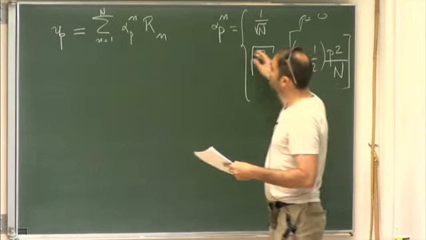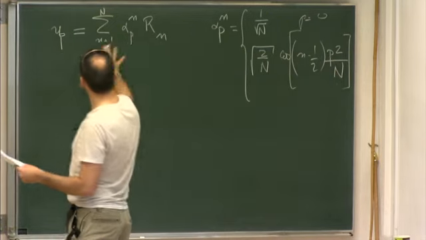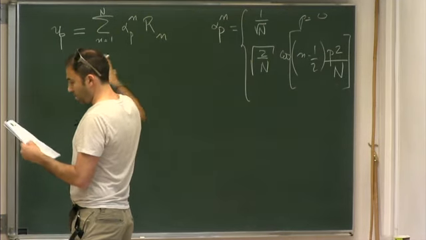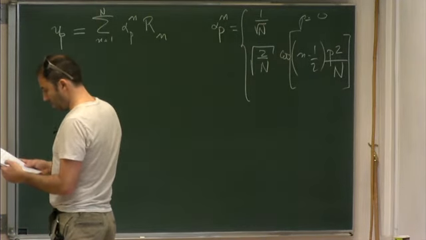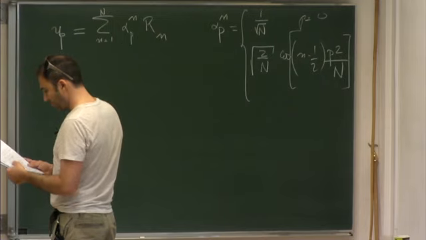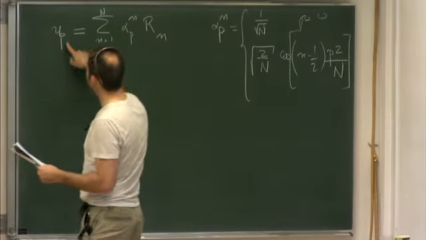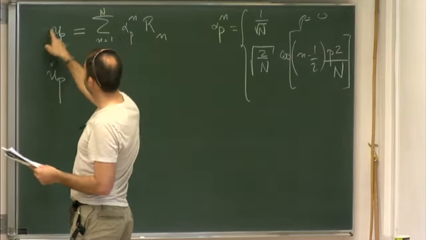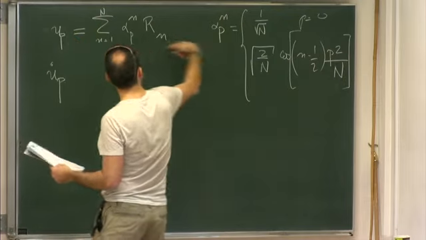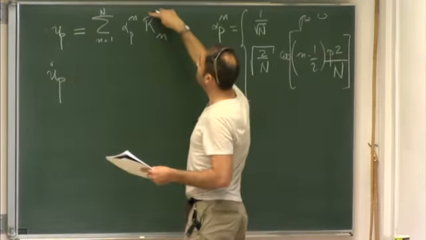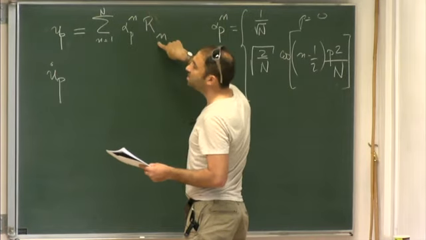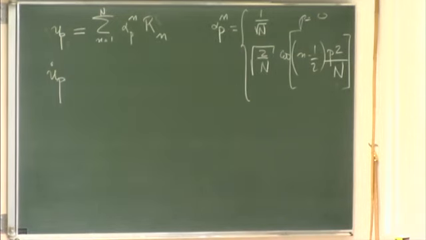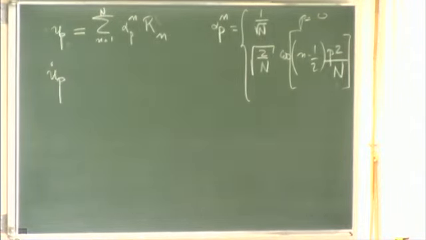Using this transformation, you can write an equation for Up. You differentiate this with respect to time, du dt. The matrix is independent of time, so this is the dRn dt, and dRn dt is given by this. I'll skip some steps.